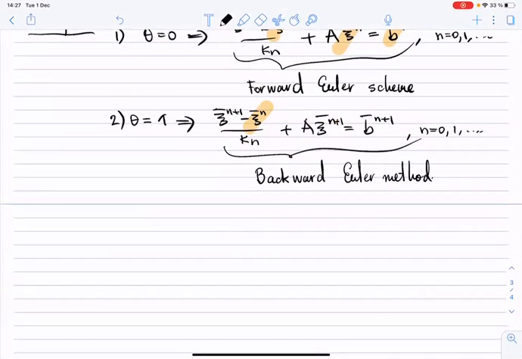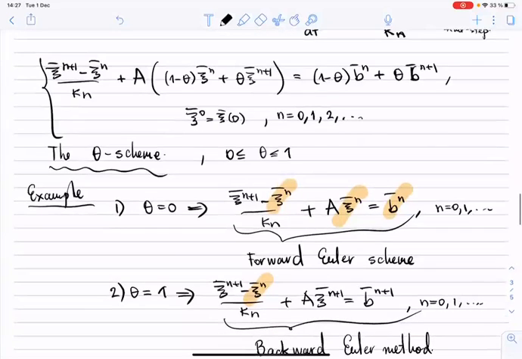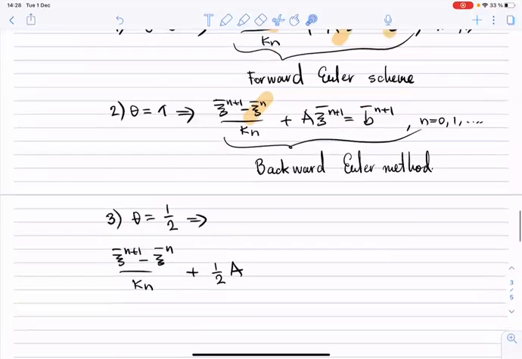And of course, there could be many cases, but one of the cases that we consider in the project is theta equals 1/2. Then you will get psi n plus 1 minus psi n divided by Kn plus 1/2 A. You see, theta is 1/2, so it's 1/2 here. You can pull out 1/2, or maybe it's better to keep it here.